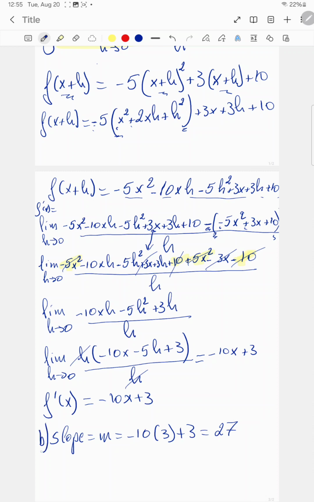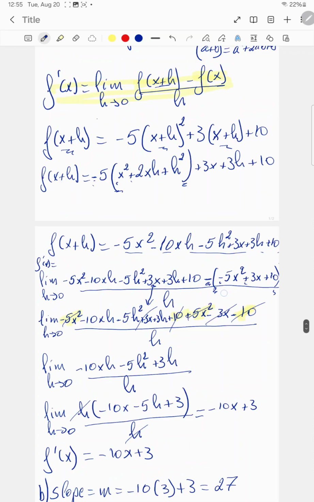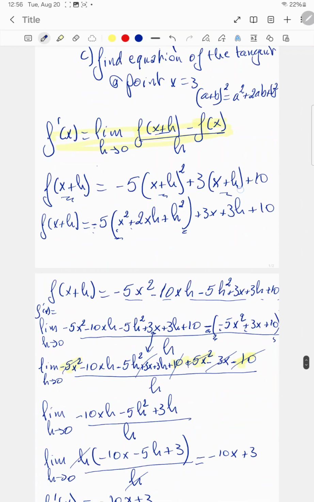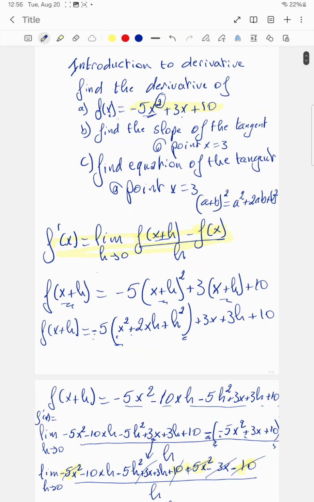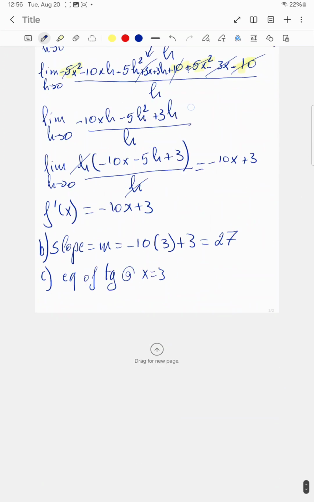That's question B. And question C, find the equation of the tangent at point x equal to 3. Now I have to find what is f of x, f of 3 actually. F of 3, I have to replace x by 3 in this f of x here, minus 5x squared plus 3x plus 10.